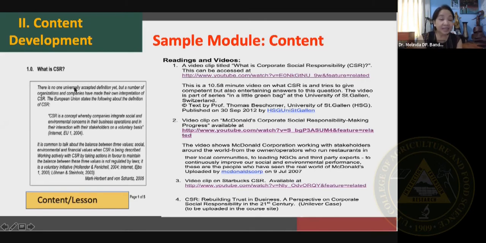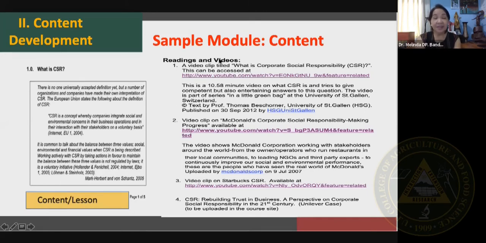I put there my source, where I got this. I enclose it in the box just to show that this is not my original. This is not from me. I lifted it from someone else's work. Okay? But at the same time, I pointed them to other sources of the lesson.